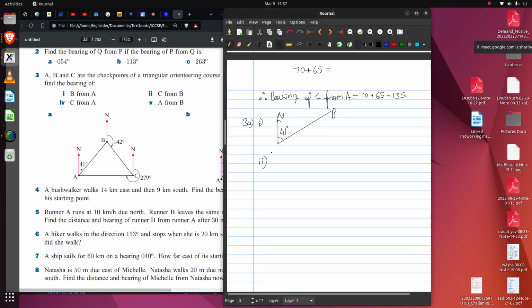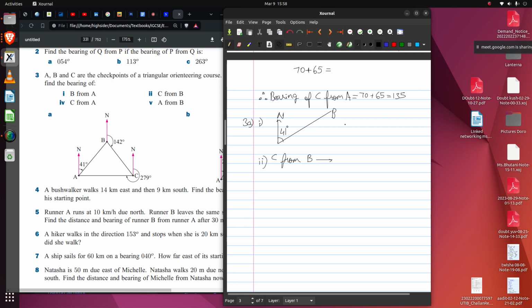Can you tell me the second part also? C from B. How will I do that? So you have to calculate the bearing from the line from B to C. So we know that B is 142.